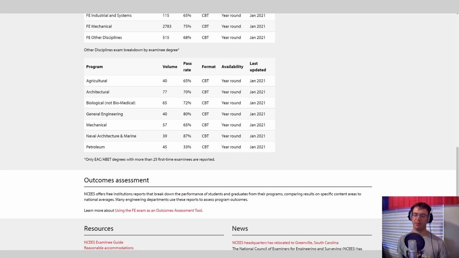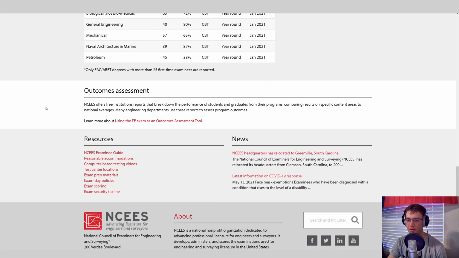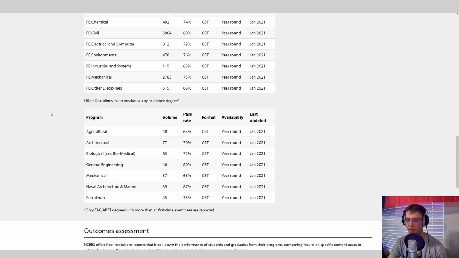That's a really high pass rate, but it's a select few, I'm sure, that's well trained in that field, and it is probably set up to prepare for that exam exclusively. The general engineering had a very small amount taken, but a very, very high pass rate for that amount. Interesting. Outcomes assessment and the about page.